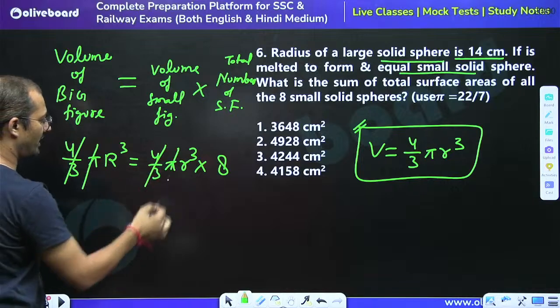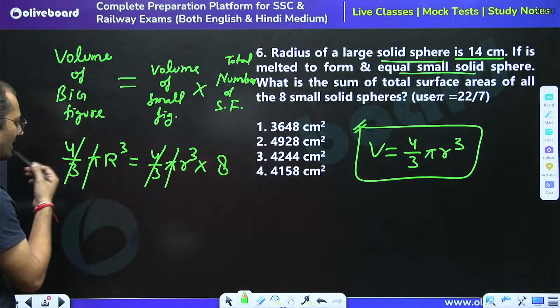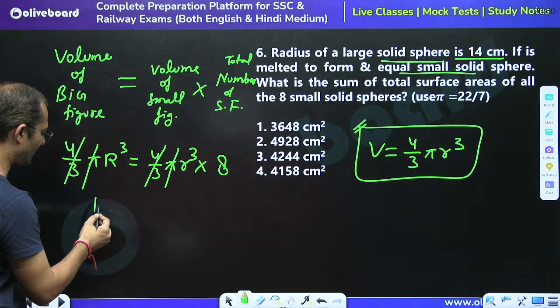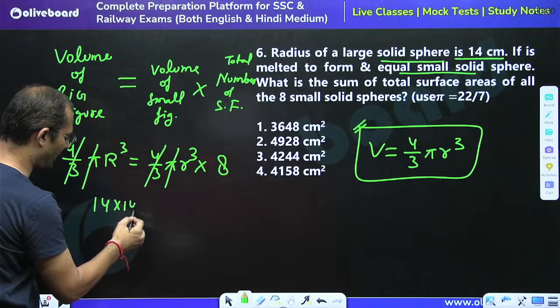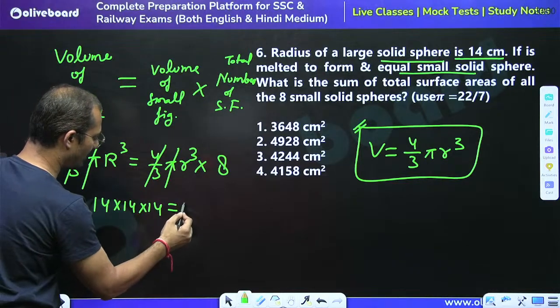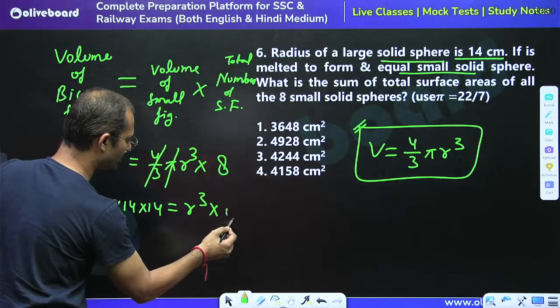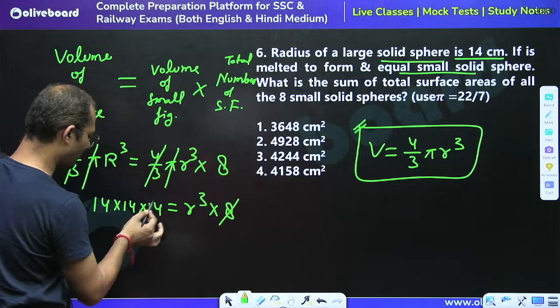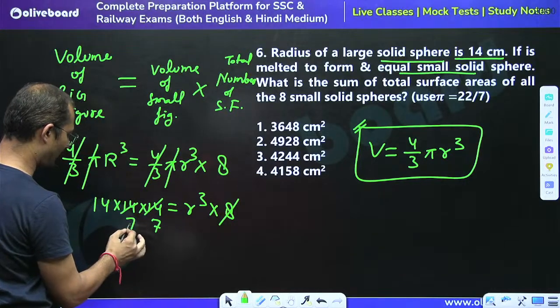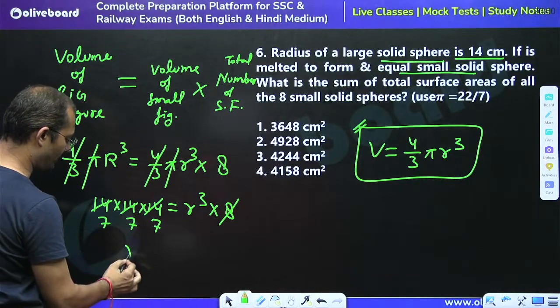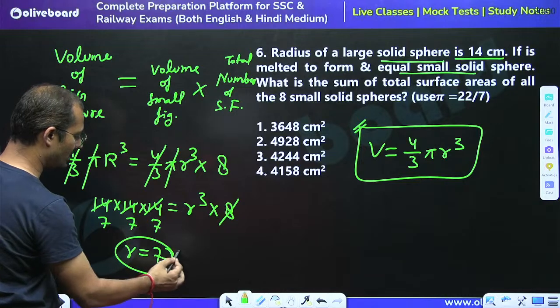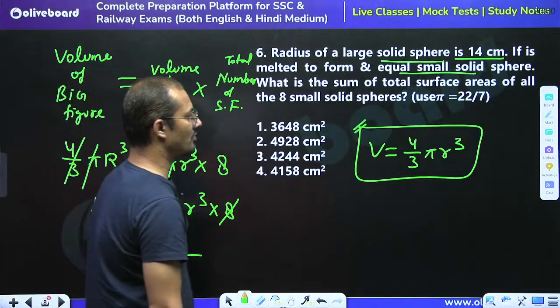Pi gets cancelled by pi, 4 by 3 gets cancelled by 4 by 3. So 14 into 14 into 14 would be equal to r cube into 8. By 2 it would be cancelled by 7, 7 and 7, right? So here we will get r is equal to 7. r is equal to 7.